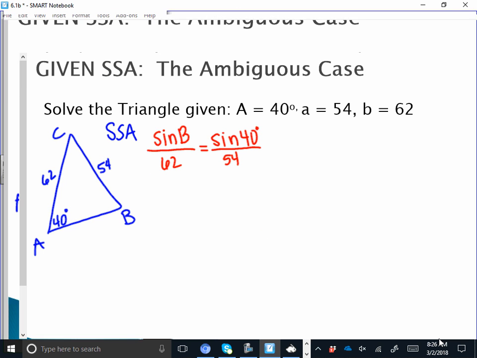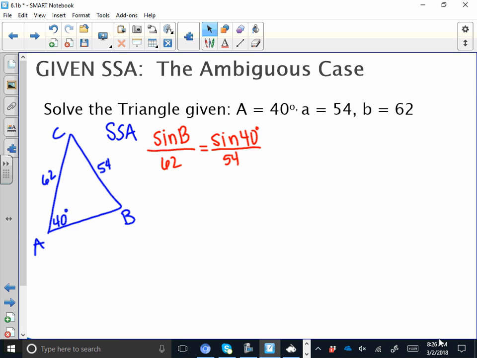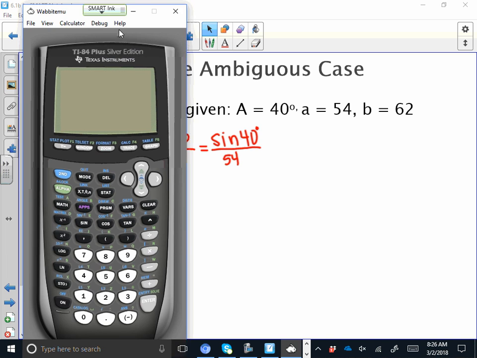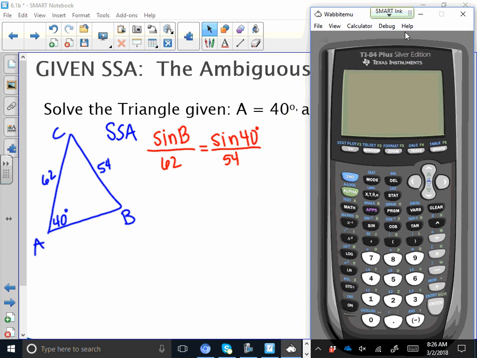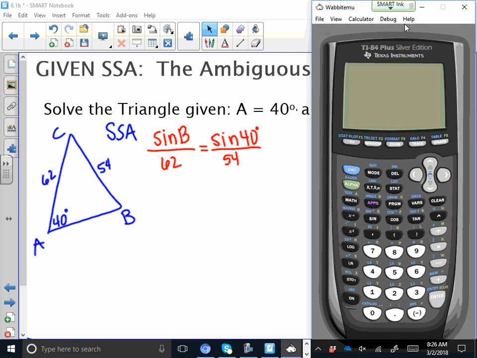Your calculators are still in radian mode, correct? I mean degree mode. Making sure you're paying attention. Oh, are you kidding me?